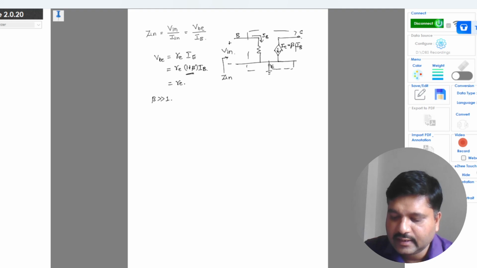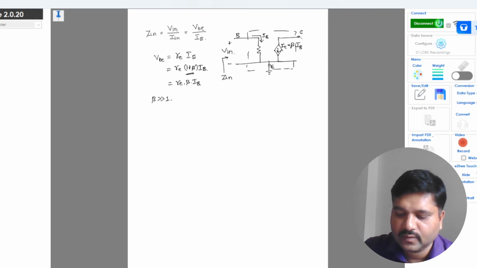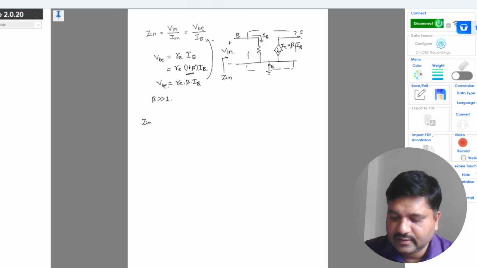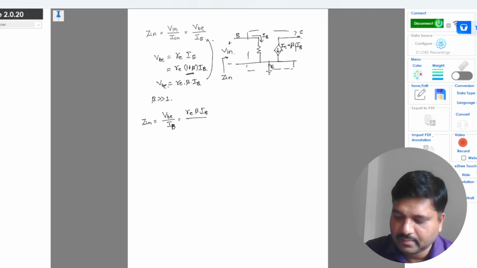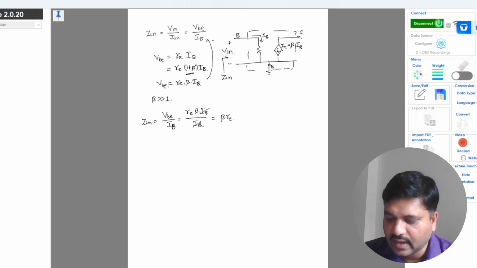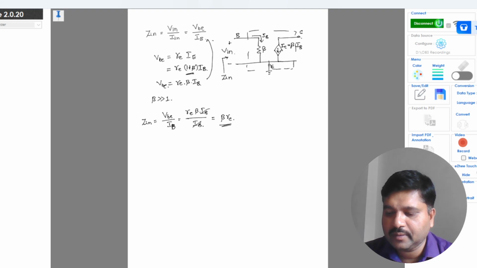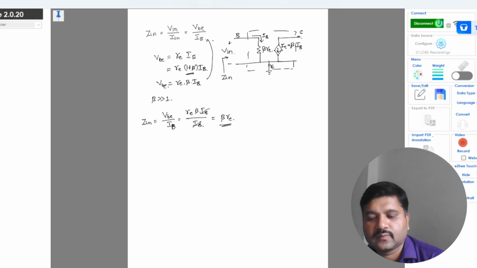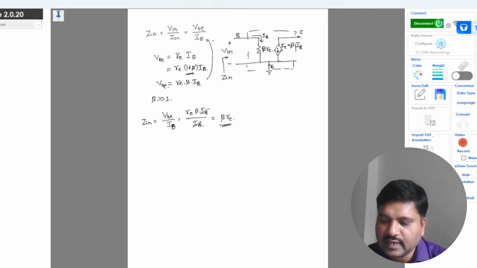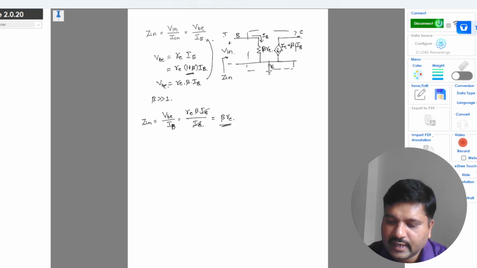So RE into beta times IB is my VBE. Substituting this, Zin, which is equal to VBE by IB, I can write as RE into beta times IB divided by IB. IB cancels, and this will be equal to beta times RE. So this is the input impedance seen with respect to the input current, which is IB.